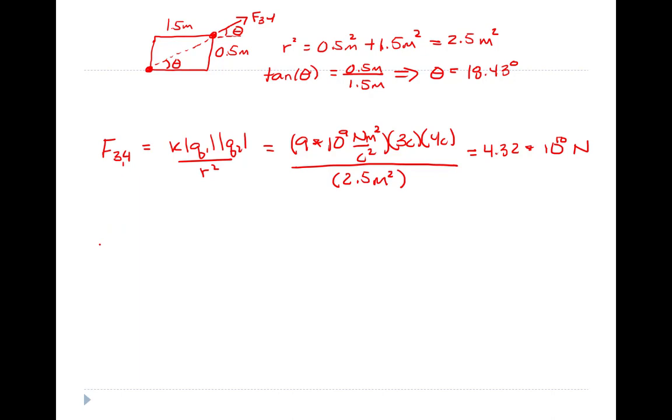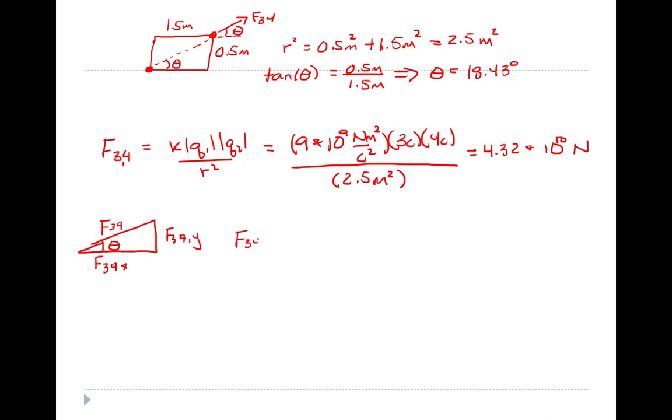So I have a triangle where this is going to be the x component. This will be the y component. This is theta, and the hypotenuse is F34.